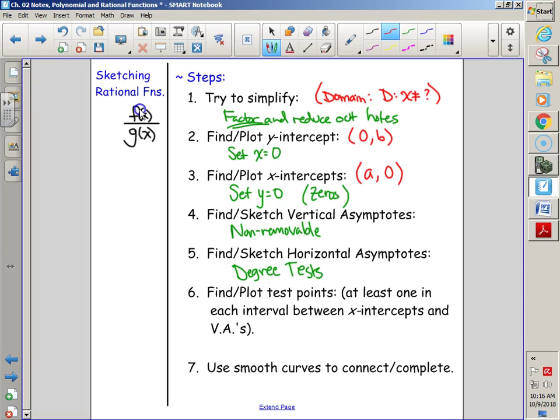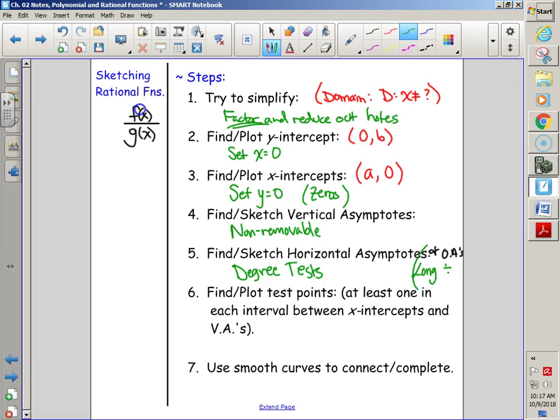Now, the struggle is I put horizontal, the directions put slant, and we're both wrong because it should be both. So I'm going to go ahead and put in horizontal asymptotes, and I know it's really messy, I'm sorry, and oblique asymptotes. Degree tests, and then oblique asymptotes, that's the long division.